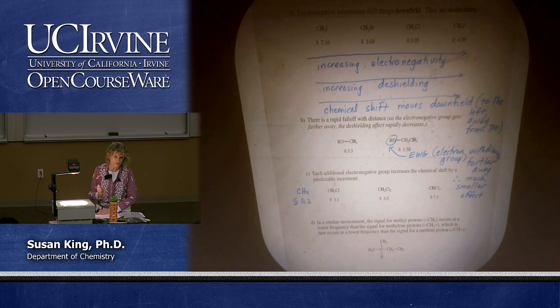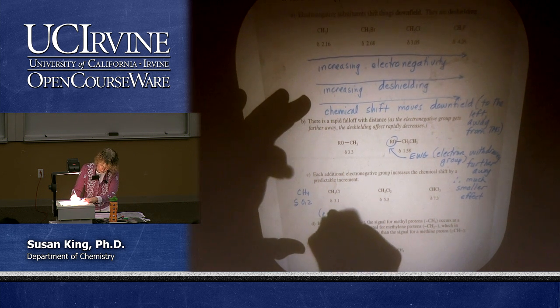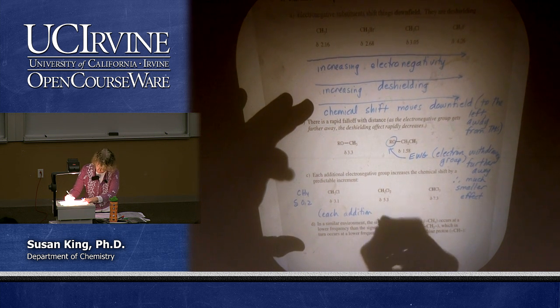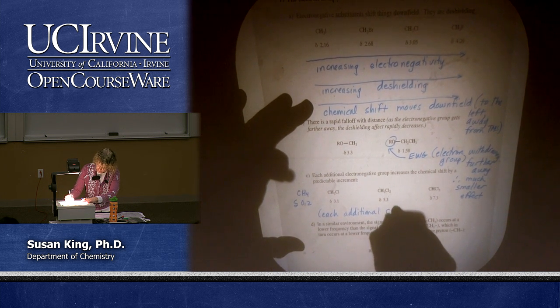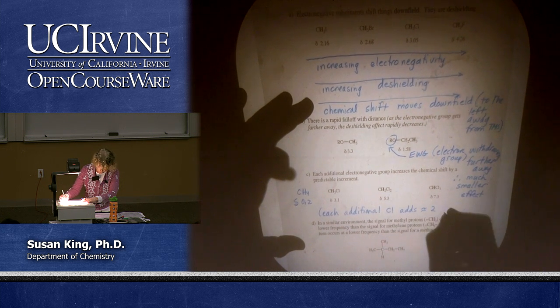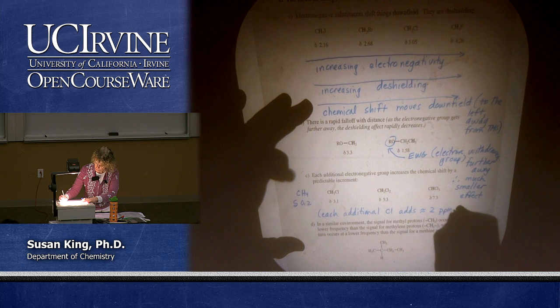So it's not an even amount, but you can see we're going up predictably. The first chlorine added the biggest effect, but each one after that was about 2. Each additional Cl adds about 2 ppm, parts per million.